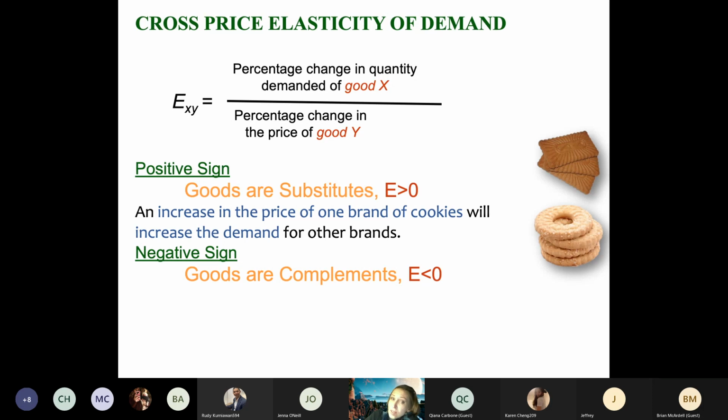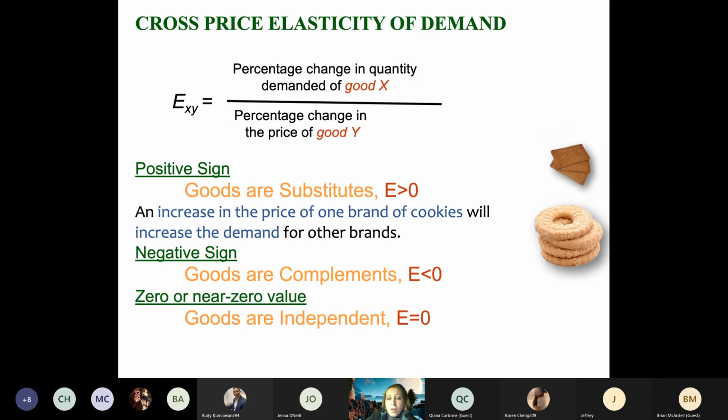So people want them together, and we'll have a negative cross price elasticity. Now, in this case, notice we do care about the sign. It gives us information. It tells us that the two goods are related. And independent is 0.